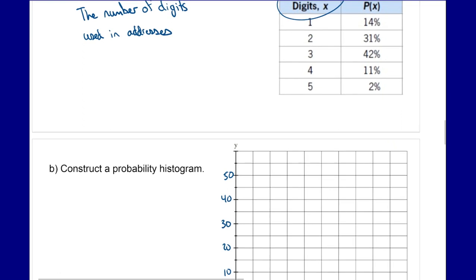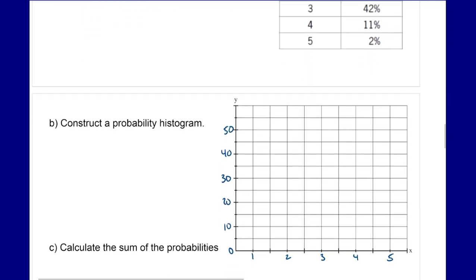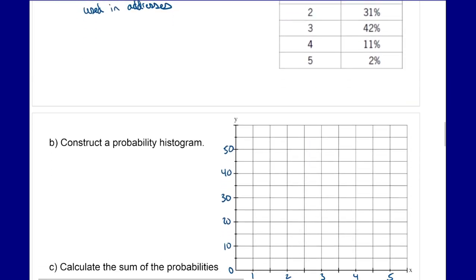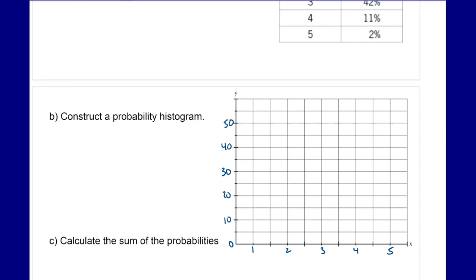So looking back up, for the probability of there being 1, we have 14. So 14 would be about here. Actually, let's move this over a bit. We'll say this is 1.